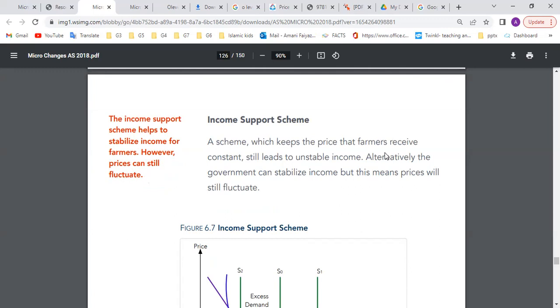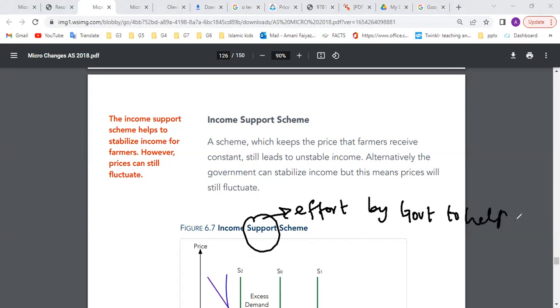Alternatively, the government can stabilize income. They can do something to make sure that no farmer is going home with zero money. Okay. Basically, it's a support. It's not a guarantee. Okay. It's a support. It's an effort by the government to help. Okay. Rather than getting zero, the farmers will get something.